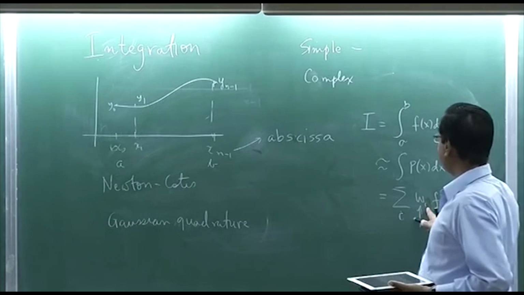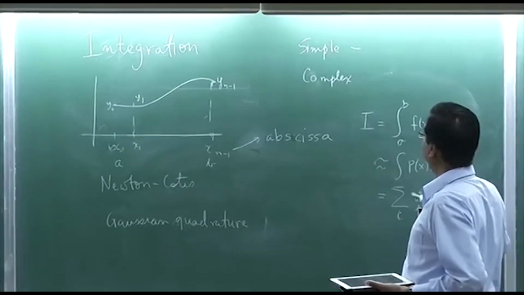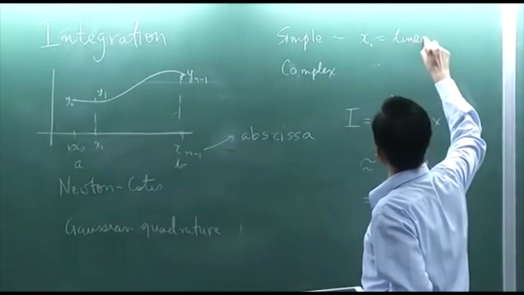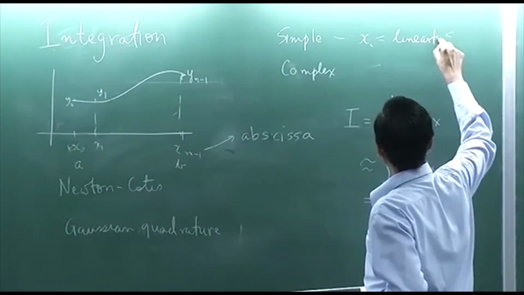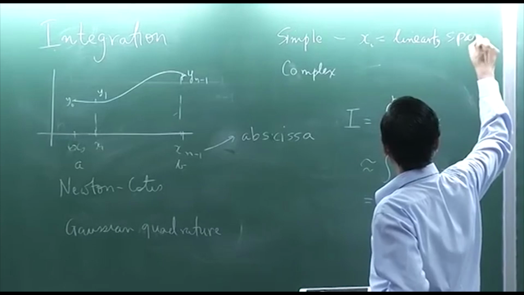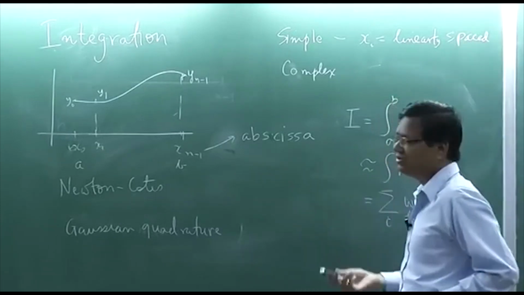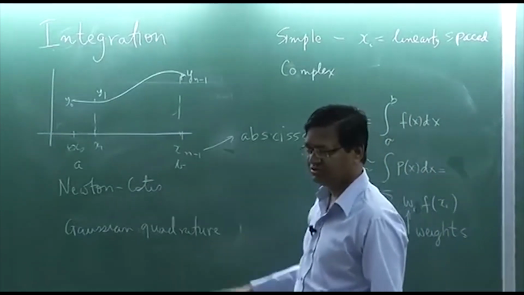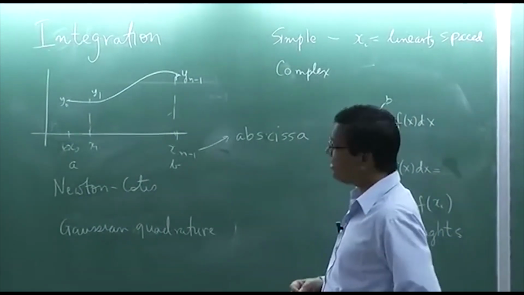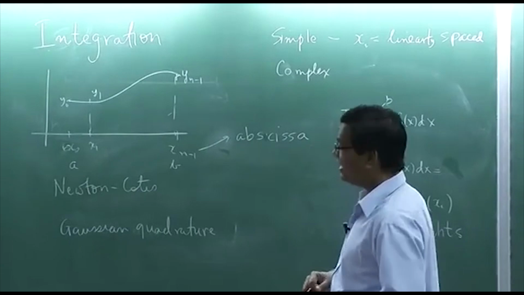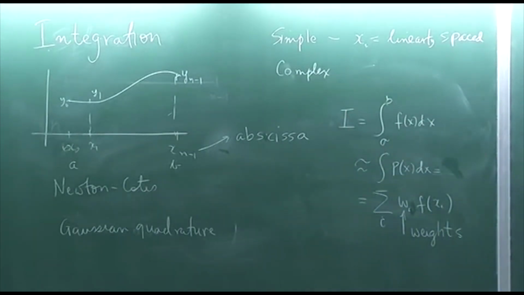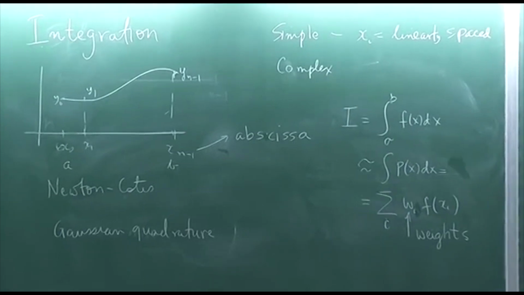So in simple methods, xi's are linearly spaced, they are given to you, and you compute wi's. So that will be part of Newton-Cotes. But in complex method, Gaussian quadrature, xi's are not known. In fact, you get xi's so that your integral is the best accurate possible.